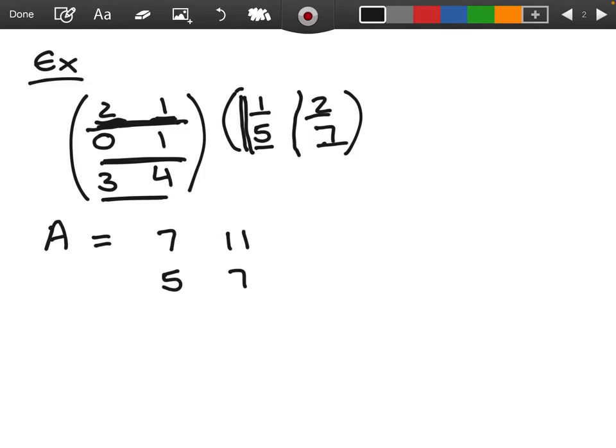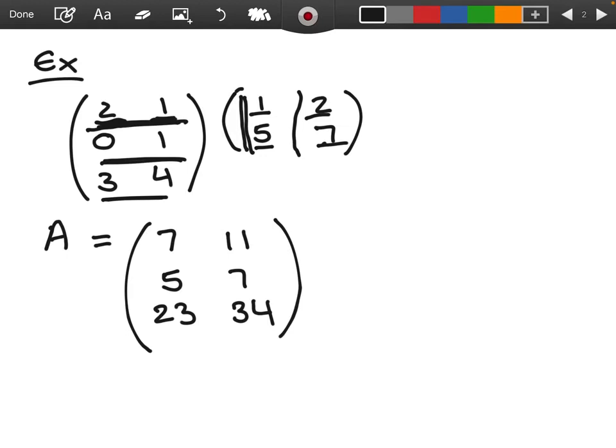Again, I've exhausted all the columns in my second matrix. So I now move on to my next row and I take the dot product of that row with each of my columns. So this time I will get the 3, 1 entry and the 3, 2 entry. So I'm going to have 3 plus 20 will give me 23 and 6 plus 28 will give me 34. And that is my matrix.